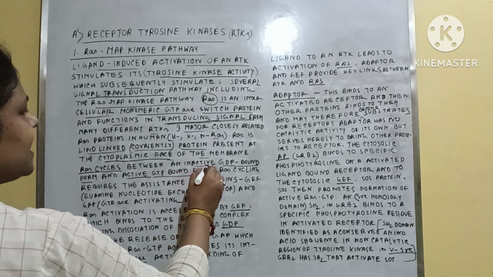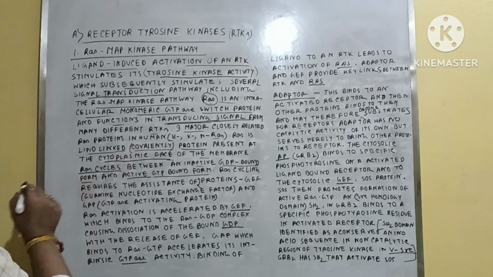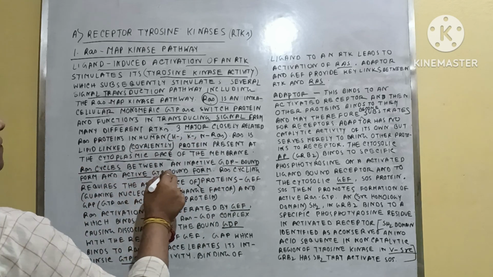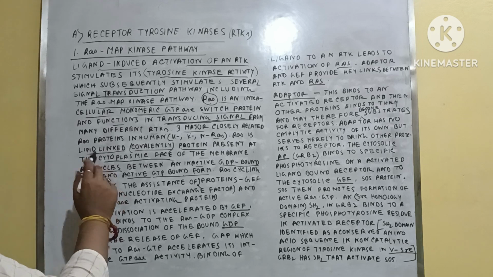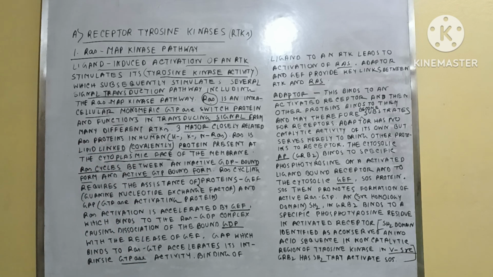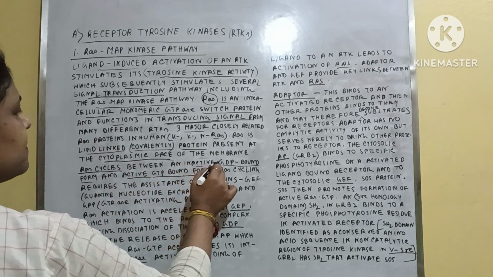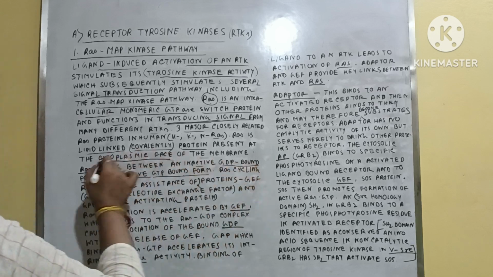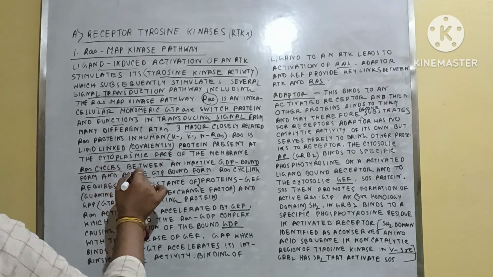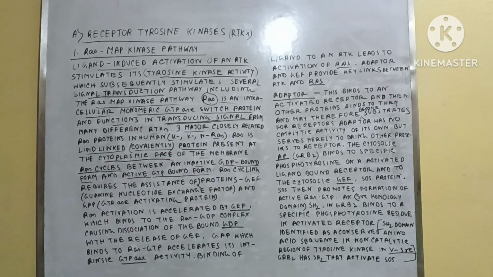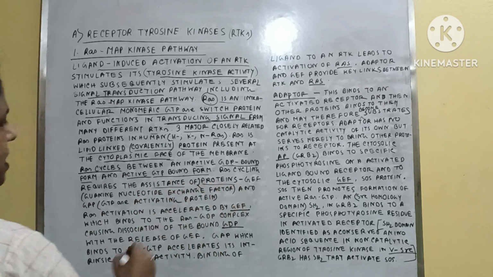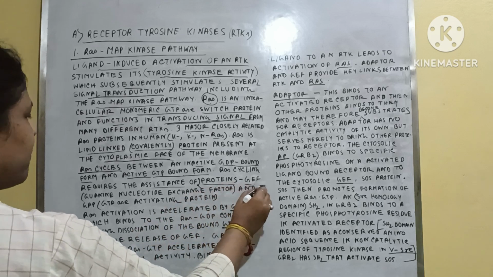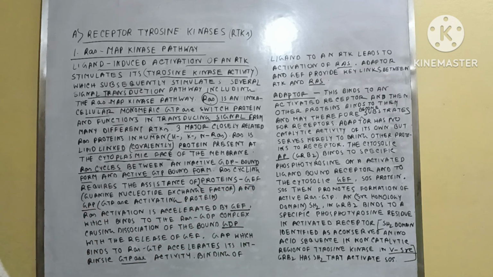From the inactive GDP-bound form to the active GTP-bound form. Again, RAS cycles continuously between the inactive GDP-bound form and the active GTP-bound form. This requires the assistance of two proteins, GEF and GAP.